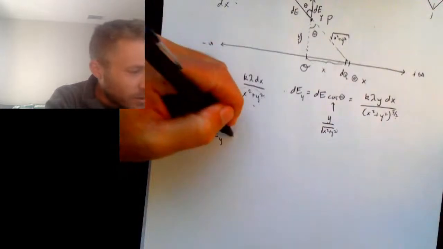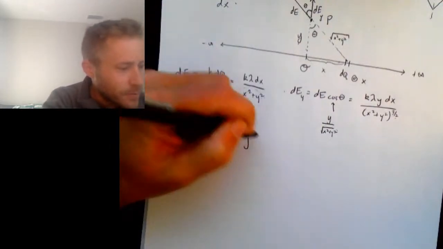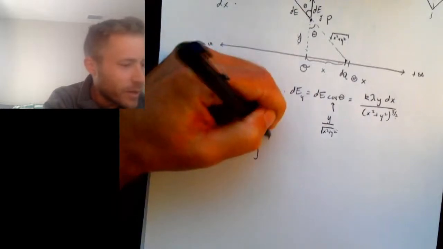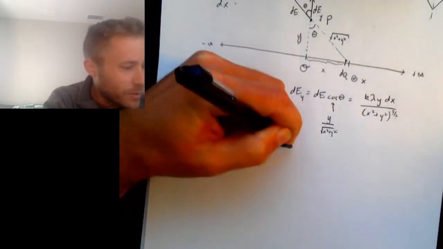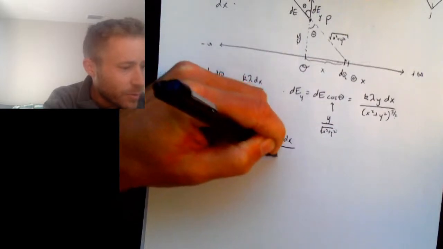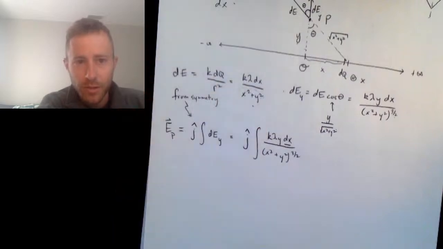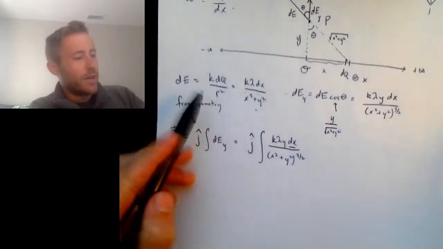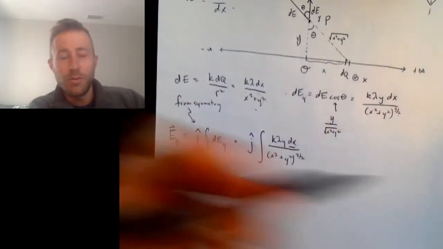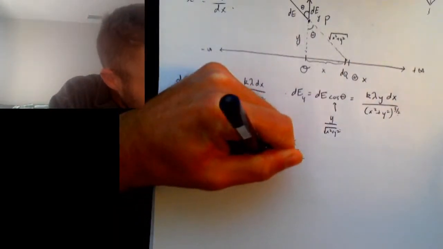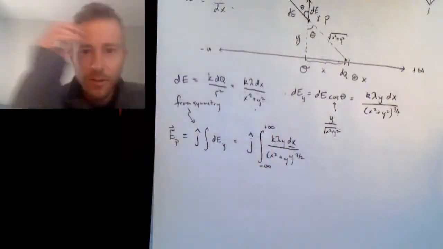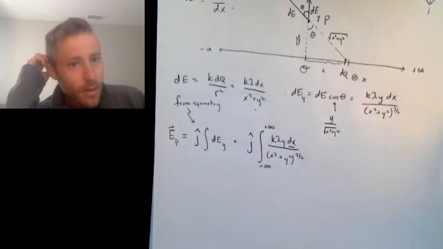So now I plug in here, so I have j hat times the integral of k lambda y dx over x squared plus y squared to the 3/2. Our integration variable is x, where x is the coordinate along the infinite line of charge, which extends from minus infinity to plus infinity. So our limits of integration are minus infinity to plus infinity.